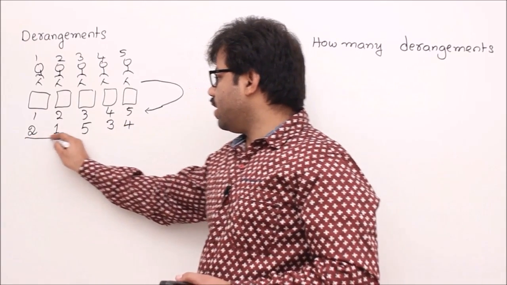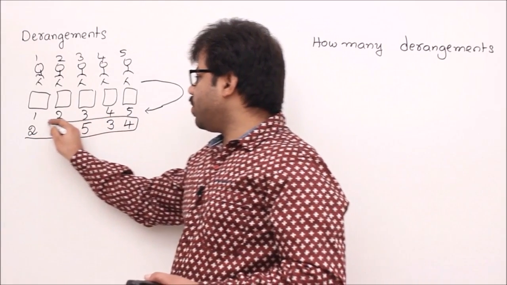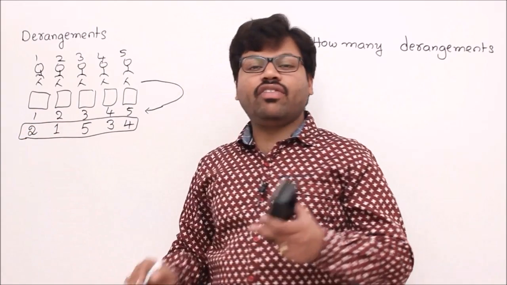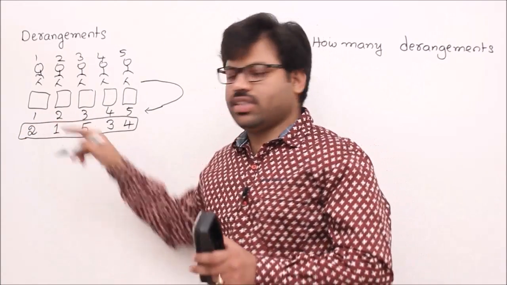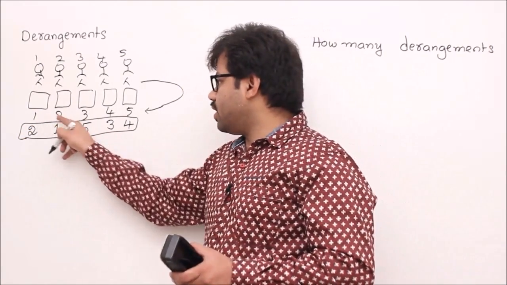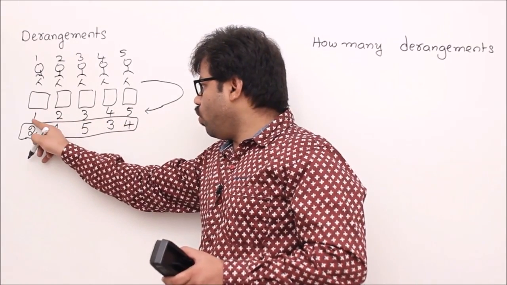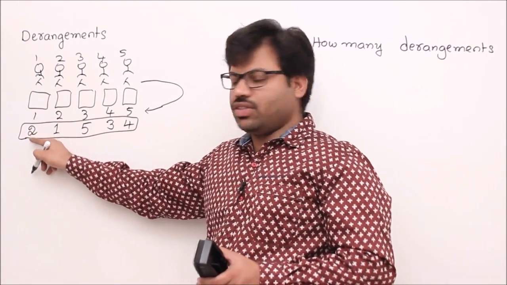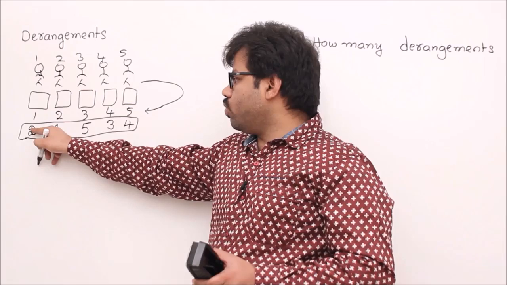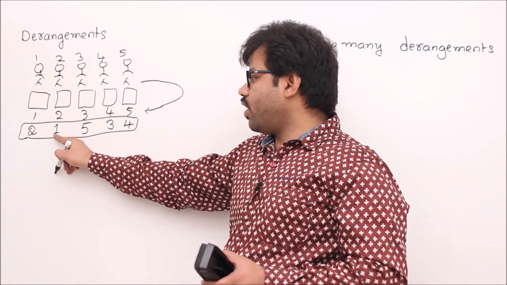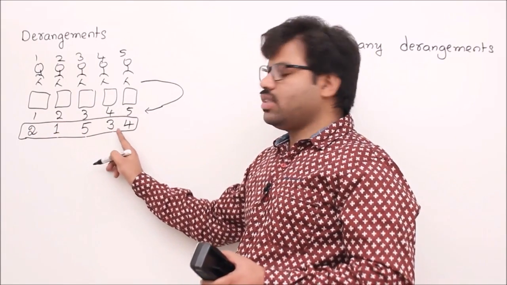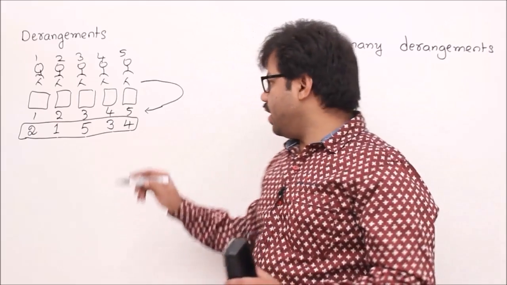Is it not a derangement? Derangement is nothing but everyone in the group changing their positions. That means for this arrangement, no element is in its previous position, you see. 2 is in a different position, 1 is in a different position, 5 is different, 3 is different, 4 is different. This is one of the derangements.